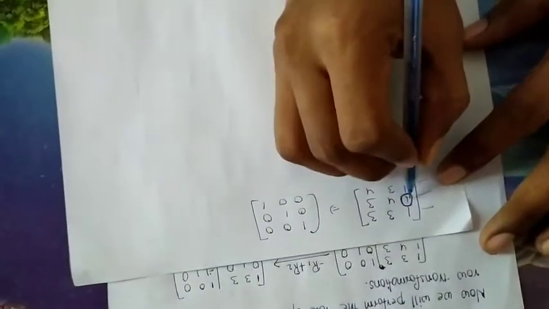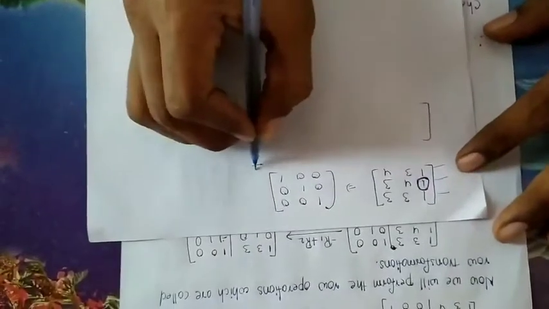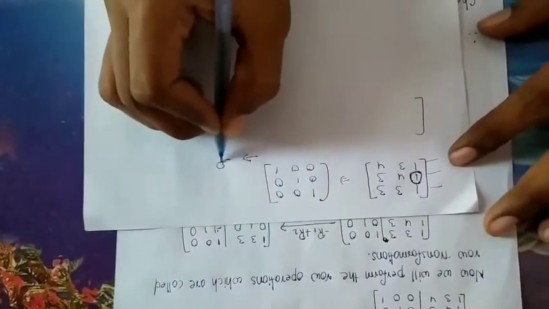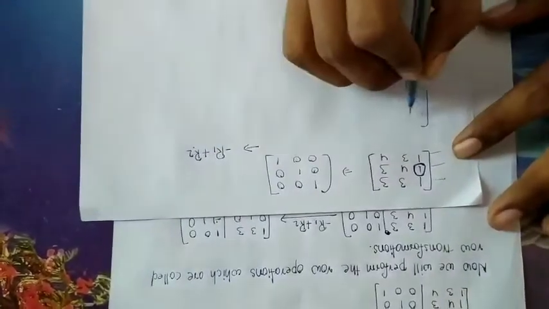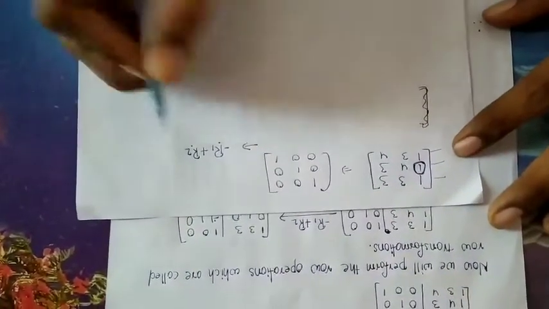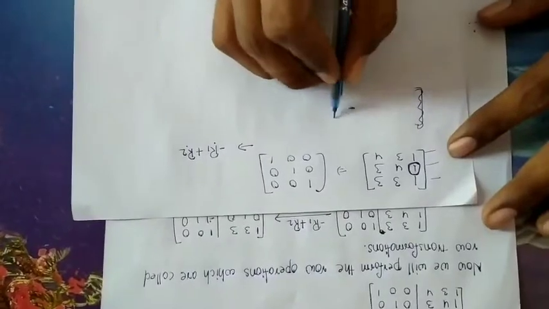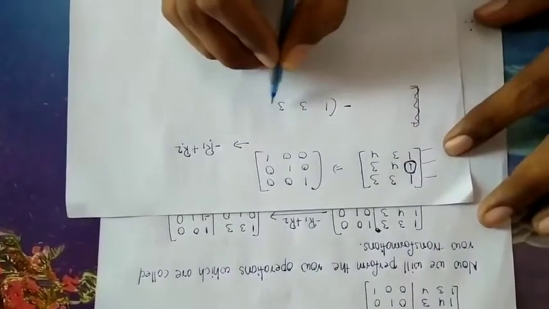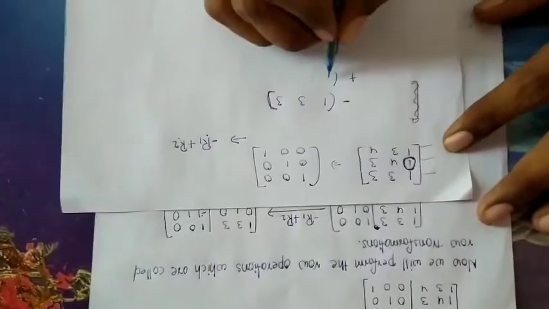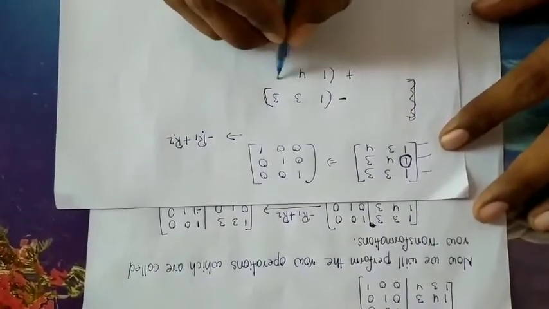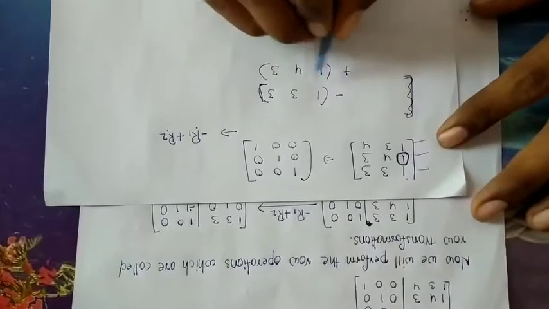By using the first row, this can be indicated as minus R1 plus R2. I take the first row values, that is minus of 1 3 3, plus the second row 1 4 3.